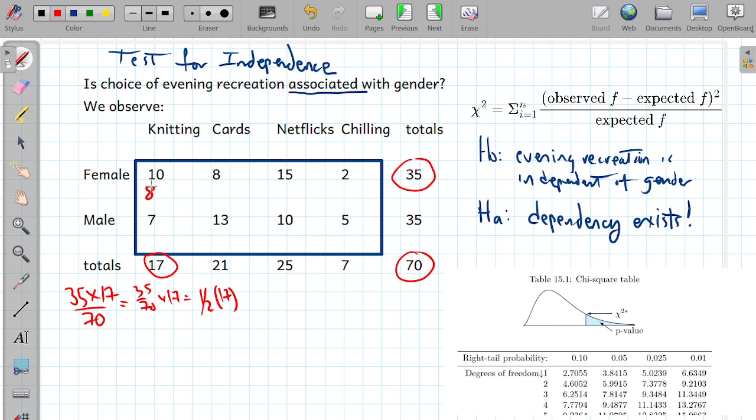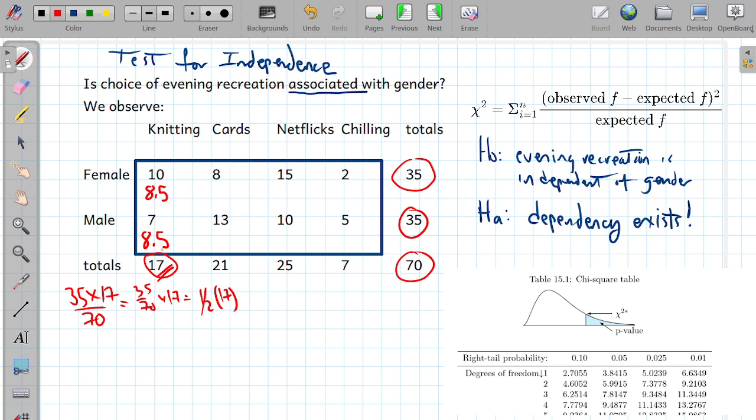So the expected count here is 8.5. Now, regardless of whether it's the expected or the observed, it still has to add up to 17, so this has to be 8.5 as well. We also know that works because this is also 35. We have an even split between male and female.